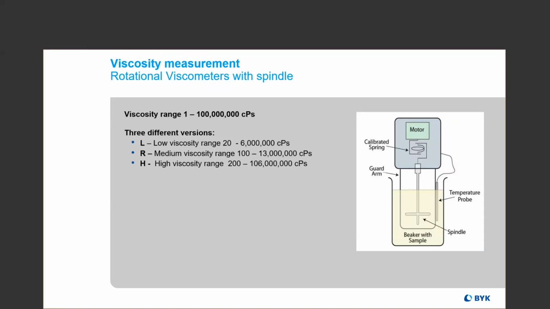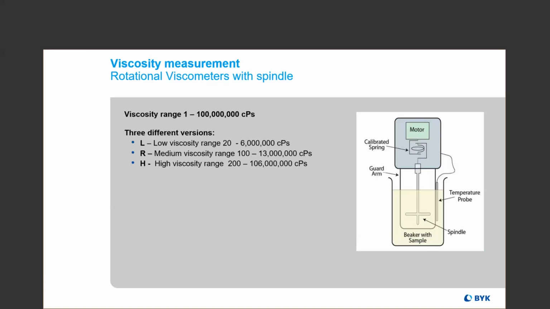The R model is for medium viscosity liquids, and it can measure from 1 to 13 million centipoise. And the H is the high viscosity model that can measure from 200 up to over 100 million centipoise.